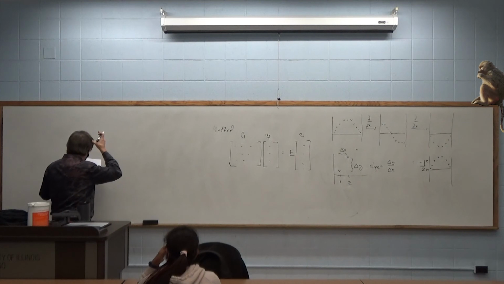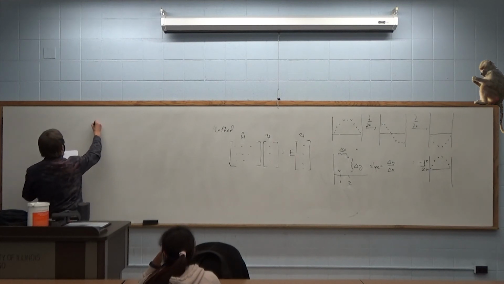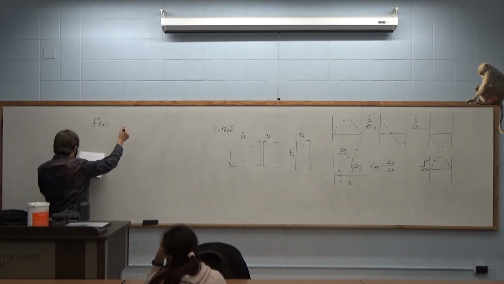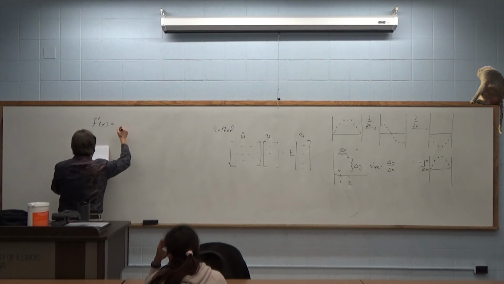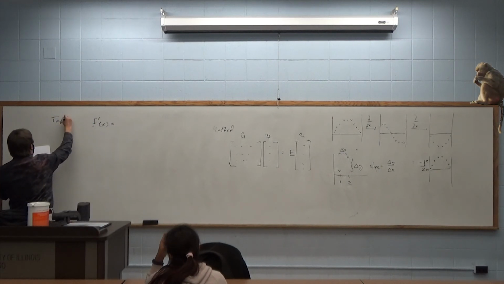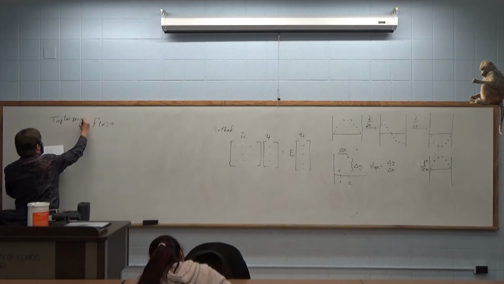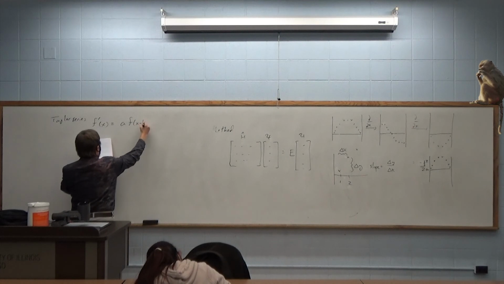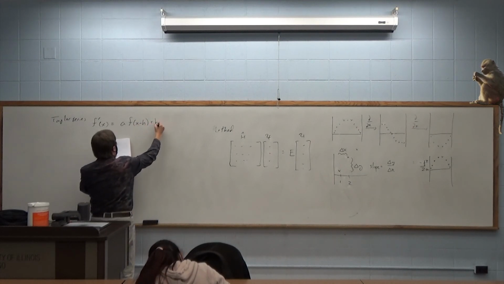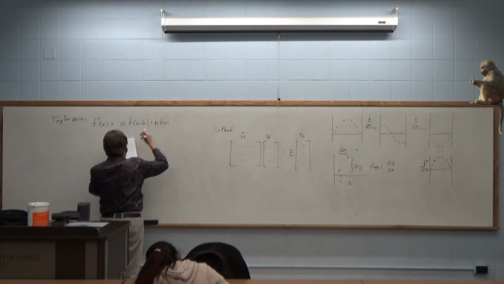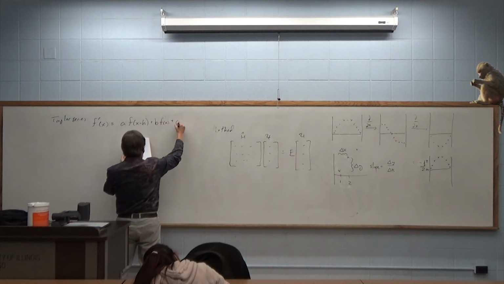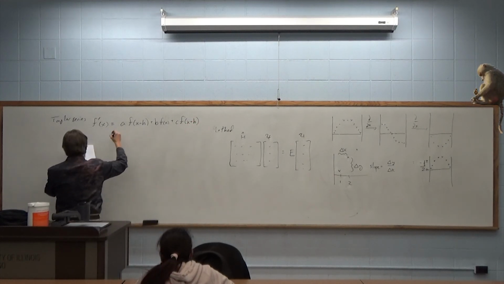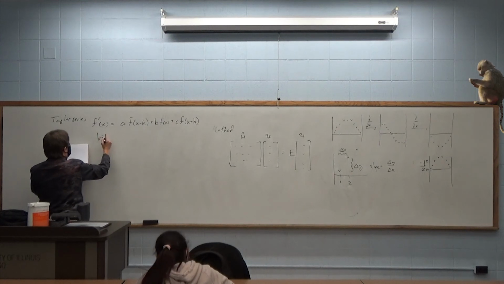Okay, now the way you're going to do that is you're going to calculate the slope. And notice I said derivative. So you're going to calculate the derivative of a function. The way you do that is a Taylor series. You're going to calculate this as a function of the point behind, a function of the point you're at, because that's obviously important, plus a function of the point in front, where H is 1.